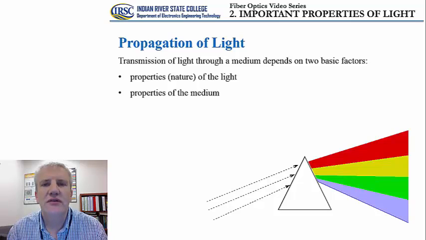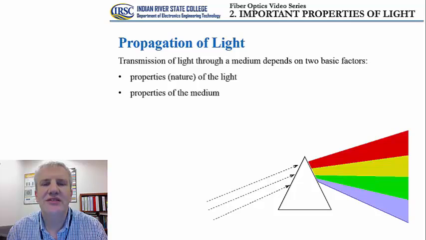Each of these different phenomena is related to the interaction of light in a medium that is used to support the propagation of light. Each of these phenomena, reflection, refraction, absorption, is briefly described.